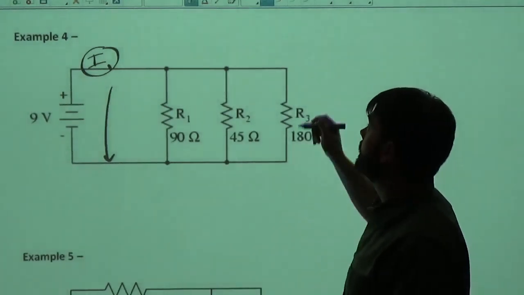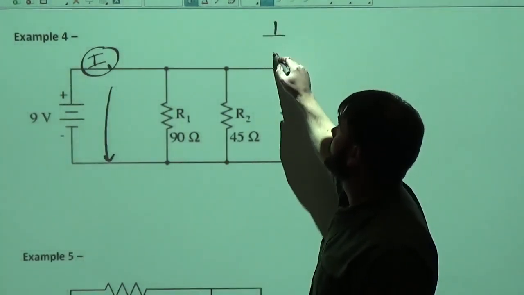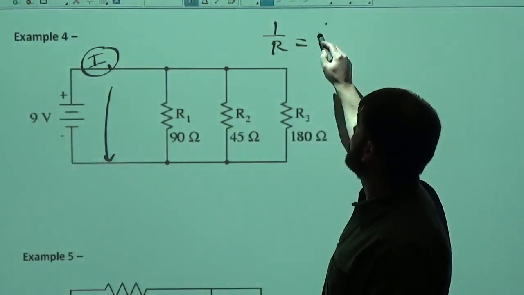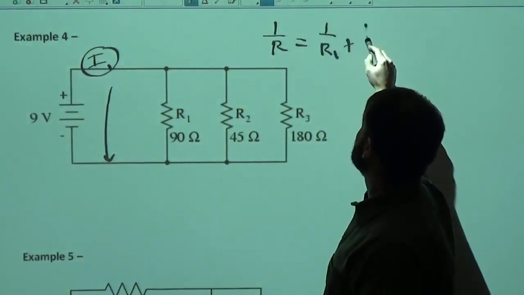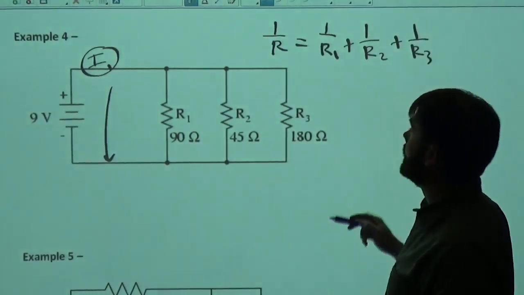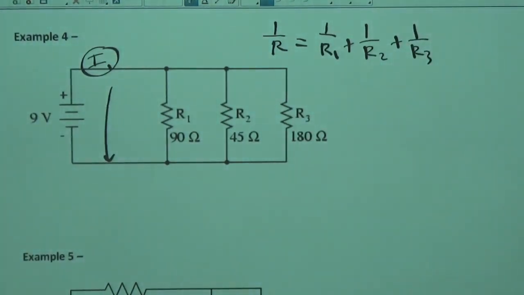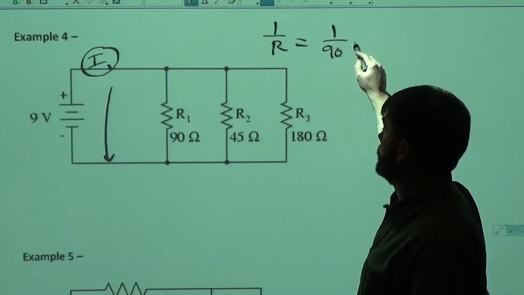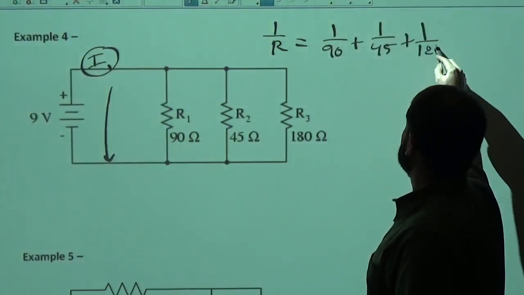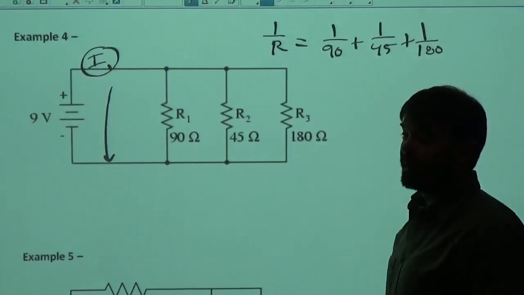So with that said, the resistance in a parallel circuit looks like this. You do 1 over R equals 1 over R1 plus 1 over R2 plus 1 over R3. Now this might seem confusing as to how or why we got them all flipped over. The way this works is I'm going to have 1 over 90 plus 1 over 45 plus 1 over 180, which is going to give me a certain value.